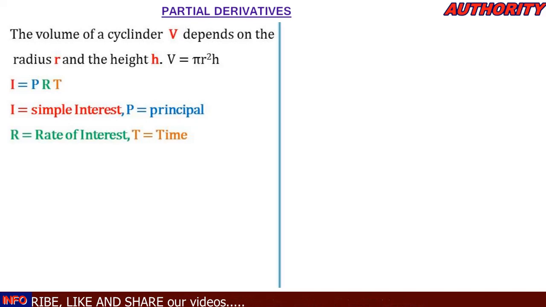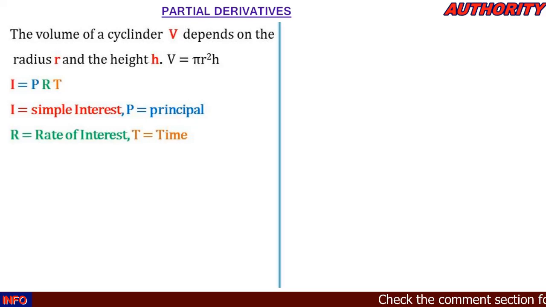And then we can also say partial derivative with respect to T. That is when there is a slight change in T and then P and R are kept constant. So we say that these are partial derivatives, or partial differentiations.